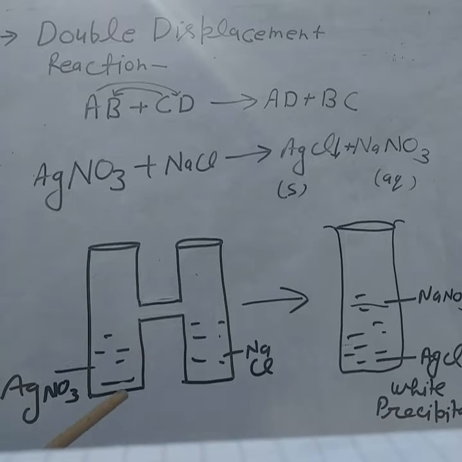Take 5 ml solution of AgNO3 and 5 ml solution of NaCl. Add sodium chloride slowly to the AgNO3, and mix their solutions slowly.